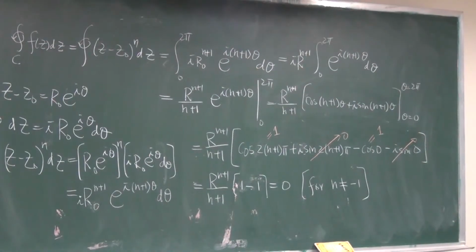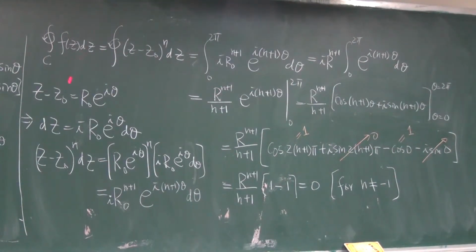And then we try to calculate the details of this integration. See here, z minus z0 is r naught exponential i theta, and dz is i r naught exponential i theta d theta. Why? Because we take the differentiation at the right side. This becomes dz, but z0 will be deleted because it is a constant.